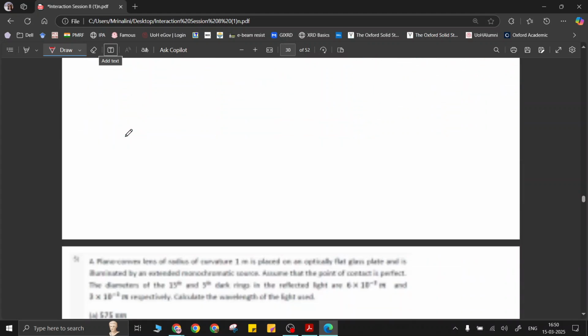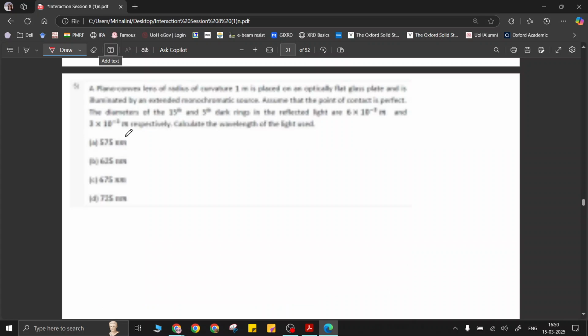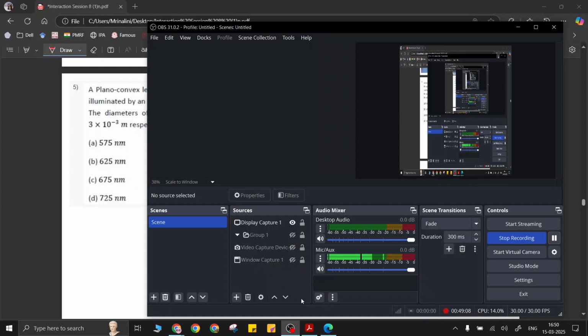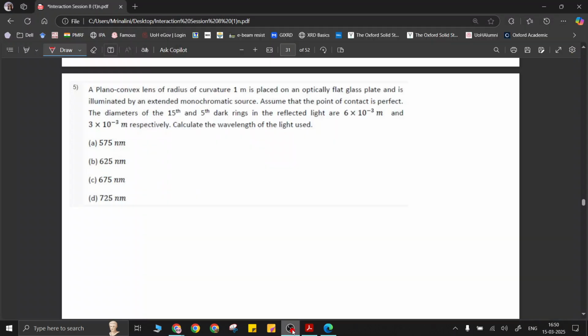Okay. Now next question, question 5th. Plano convex lens. The numericals are starting now, based on the Newton's ring experiment that we discussed. A plano convex lens of radius of curvature 1 meter is placed on an optically flat glass plate. This kind of setup touches at this point.